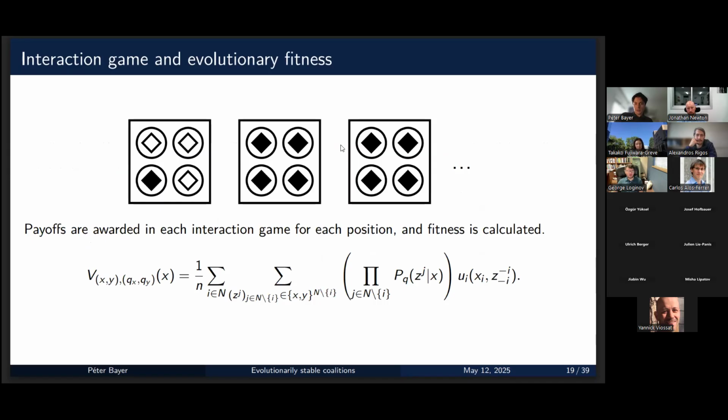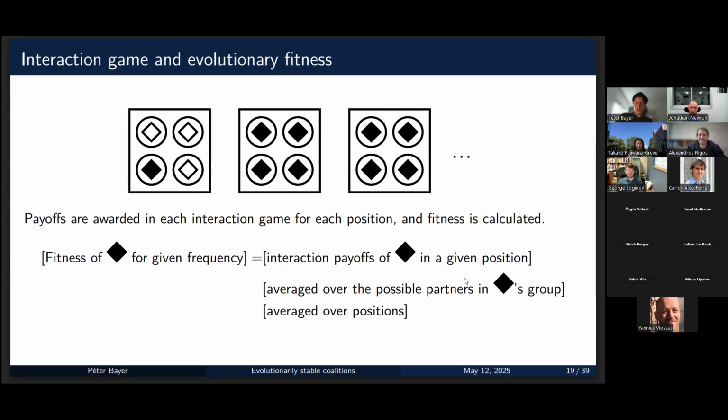Okay, after I have given players interaction groups, everyone's been sorted into types according to this process. Then I award payoffs and I calculate evolutionary fitness. And this ugly thing here, don't worry, it's not going to be on the test. It just means that if I'm trying to evaluate the fitness of any strategy, all I do is take an average of the interaction payoffs of anyone with that strategy across all the possible partners that they can find themselves with and how much that gives them, of course.